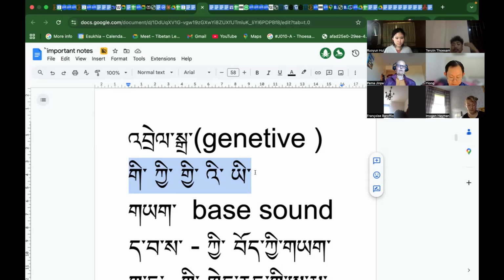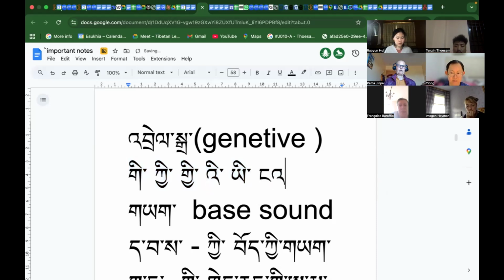So when you say my book, usually for I you say nga. So we add ki, nga ki, pronounced nge. Nge thep, nge khapar, nge gegem, nge lama.